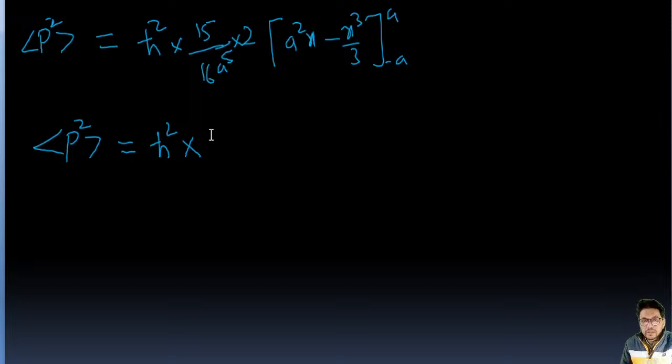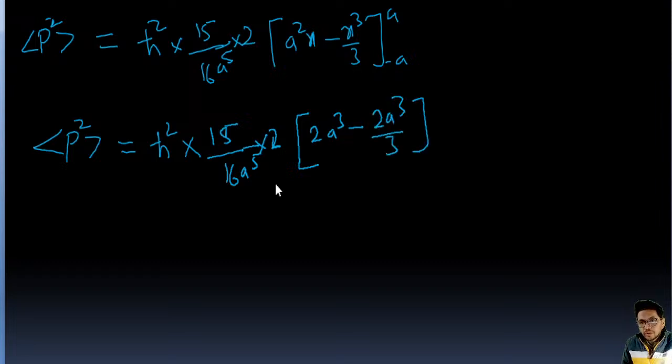This is 15 upon 16 a to the power 5 into 2 into 2a cube minus, after putting the limit, 2a cube upon 3. We'll simplify it.